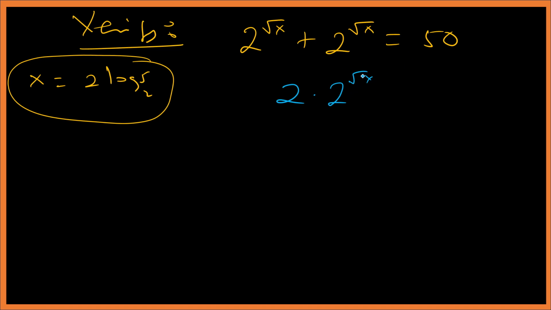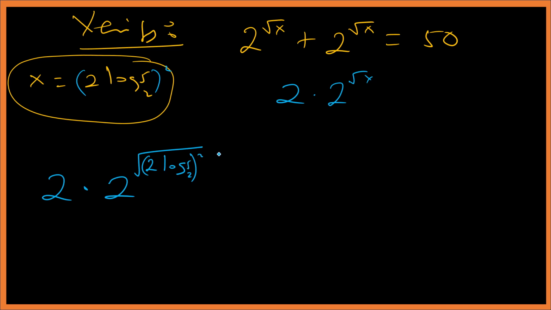So you can write it this way: 2 times 2 raised to the square root of x. Now let's plug in x here. So x will be 2 log 5 to base 2, everything squared.